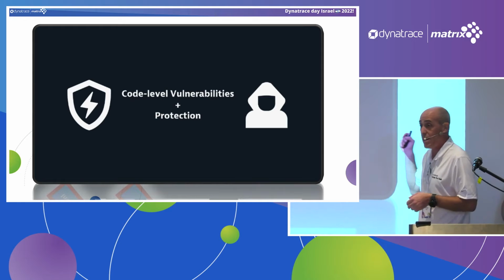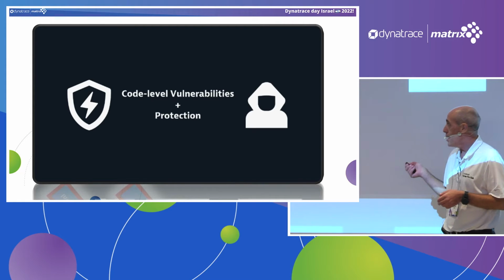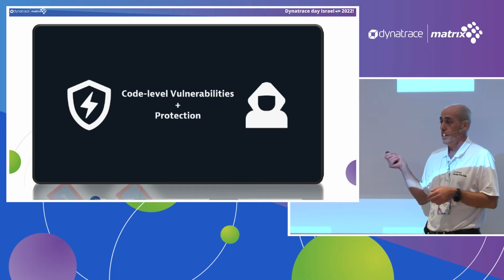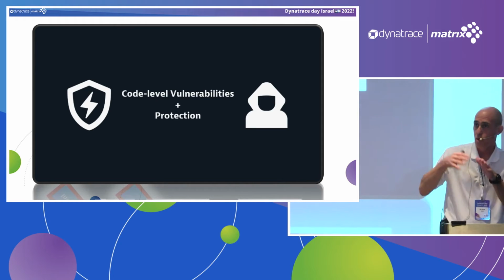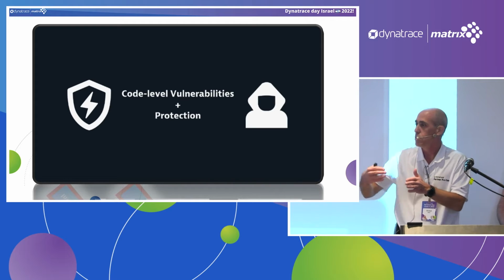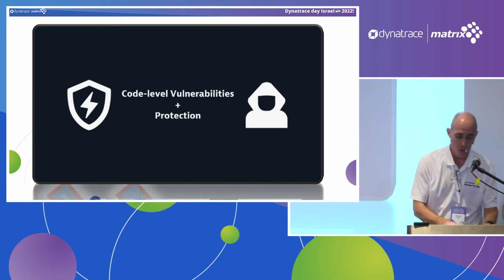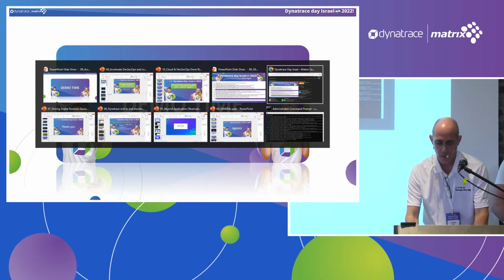And that's where Dynatrace, one agent, is now providing real-time application protection. For now, it's for Java-based applications, but it will be released soon also on other technologies. So let me just demo this quickly.